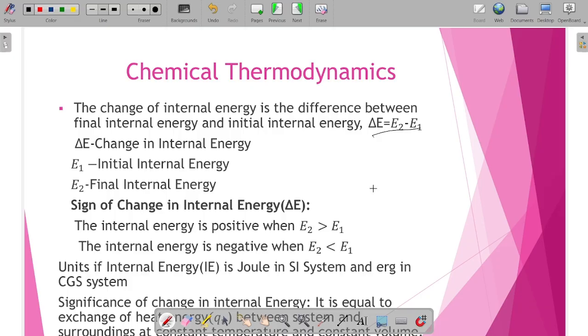Now the sign convention for internal energy. If E2 is greater than E1, that is, the final internal energy is greater than the initial, then the change in internal energy is taken to be positive. If E2 is less than E1, that means the final internal energy is less than the initial internal energy, the change is taken to be negative.